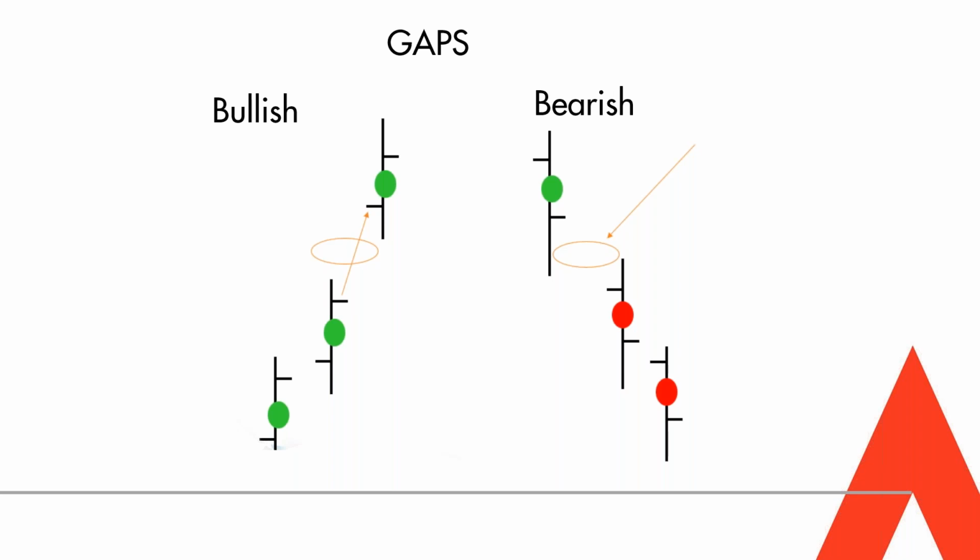Now, gapping is something you'll certainly see a lot of on a chart, and gaps can tell us a fair bit of information about the short-term trend. If we've closed above the open, closing up near the high end of the bar on the day before, it suggests further upward movement is likely.